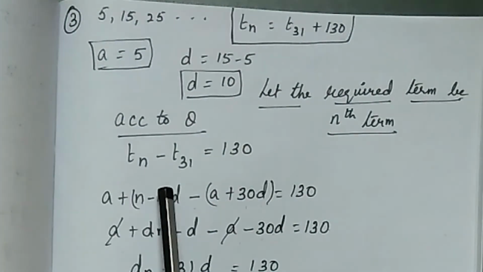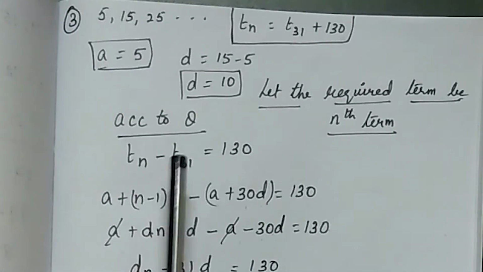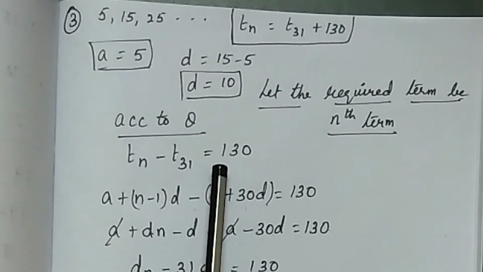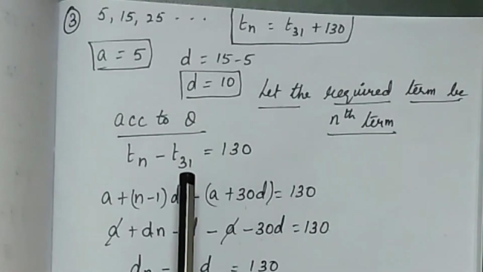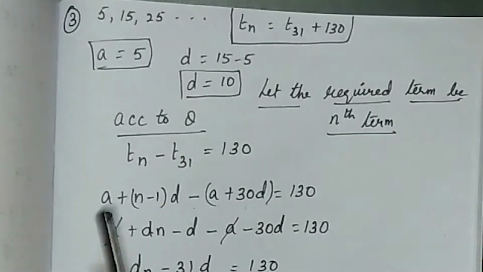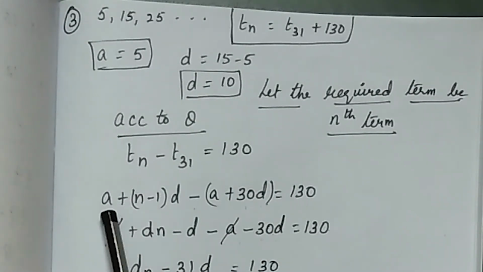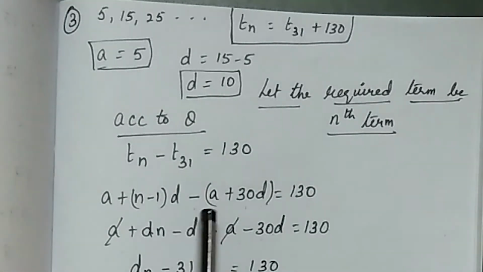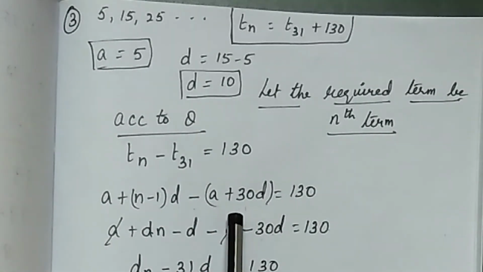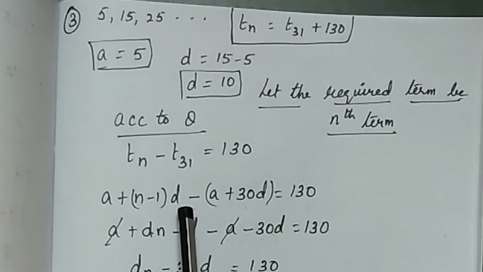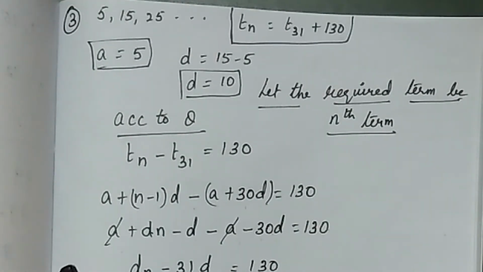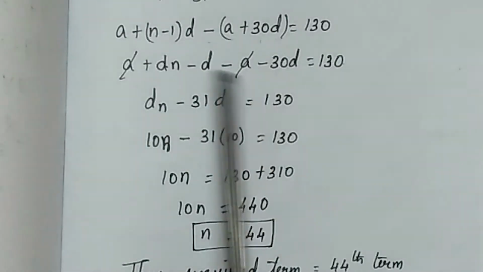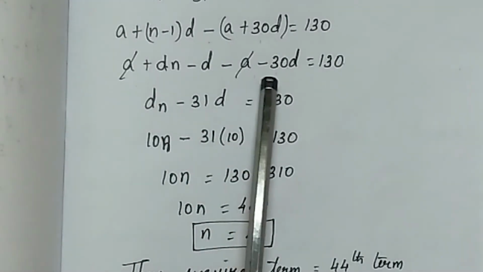Clear? Now, put in the question. Nth term minus 31st term is equal to 130. Now, you know nth term formula a plus n minus 1 into d, and the 31st term is a plus 30d. So a plus n minus 1 into d minus a plus 30d is equal to 130. Open the bracket, and plus and minus get cancelled.